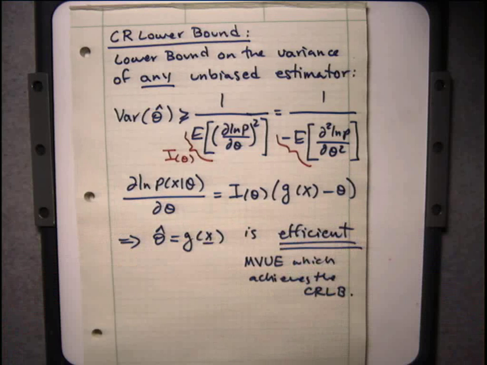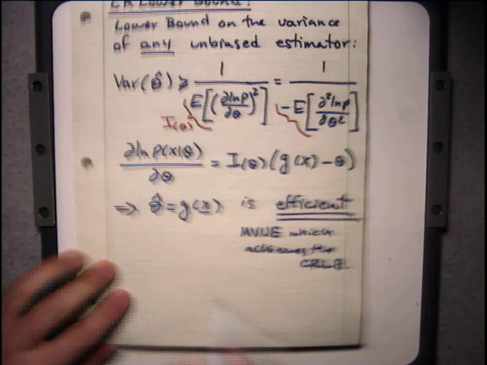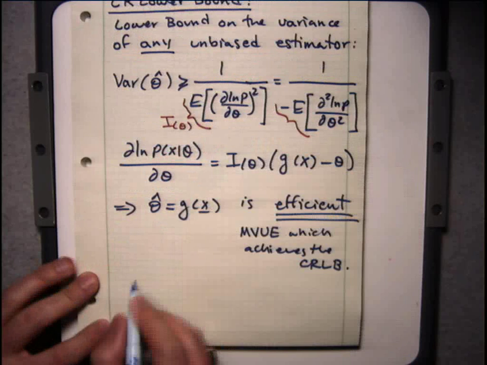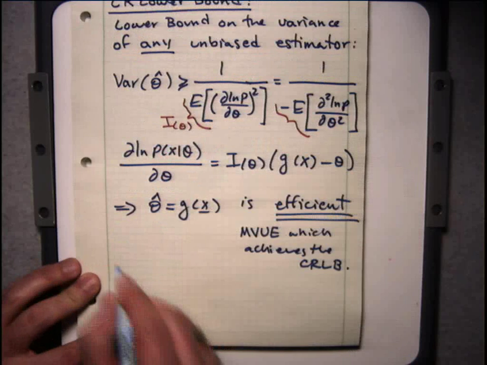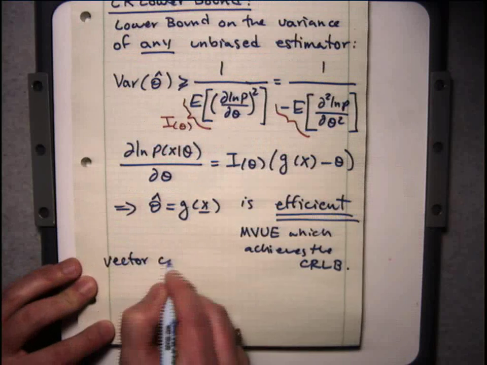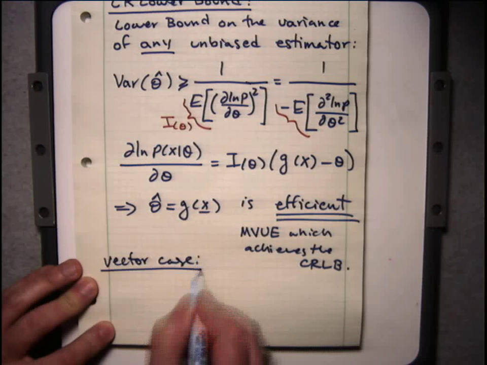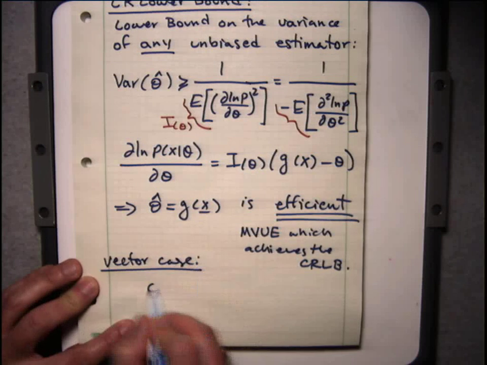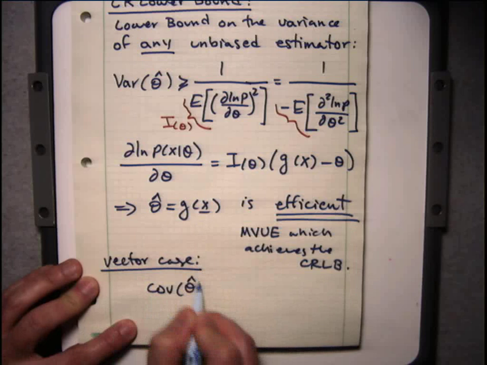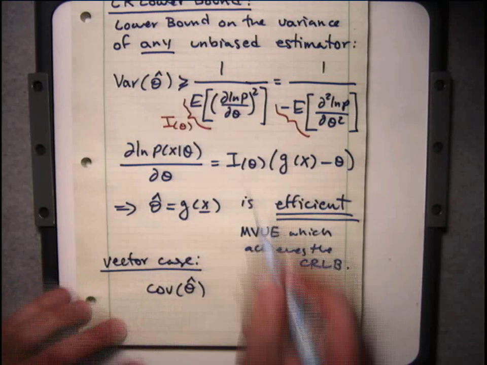So, what about the vector case? In the vector case, this same theorem takes on a slightly different form. We write it as covariance of theta hat. So variance is just for a single parameter.